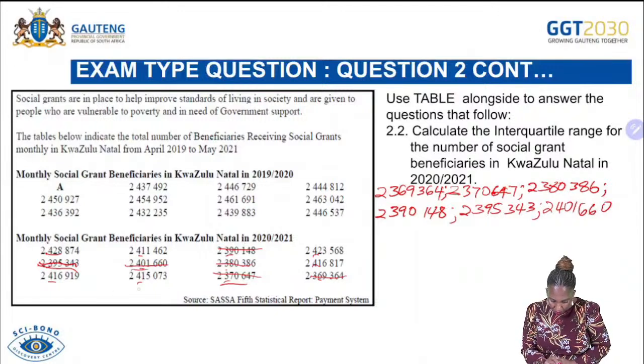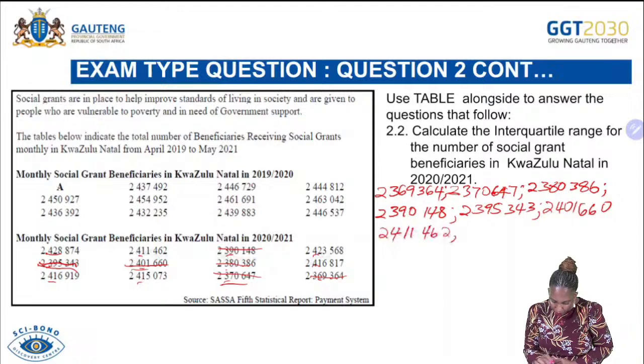We are done. We move on to the next one now. From 401, we have 411, 2411, 462. We are done with the 411.